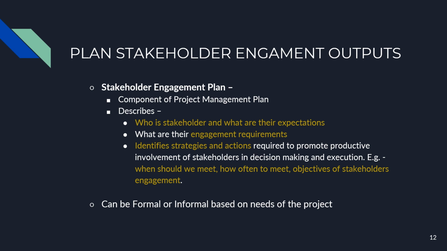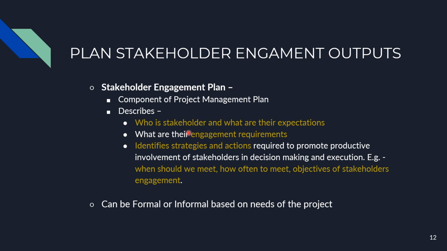The output for plan stakeholder engagement is the stakeholder engagement plan. The stakeholder engagement plan is also a component of the project management plan. It describes who the stakeholders are, what their expectations are, and what their engagement requirements are.